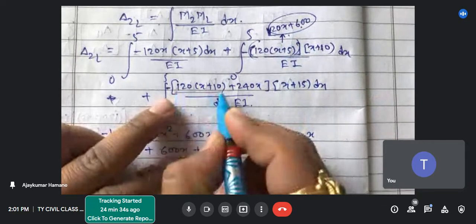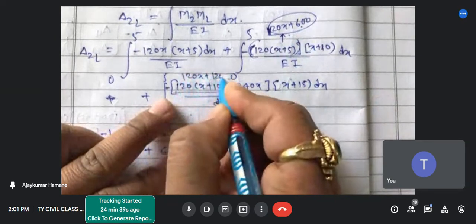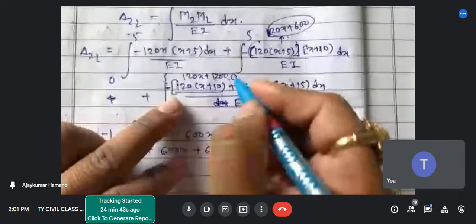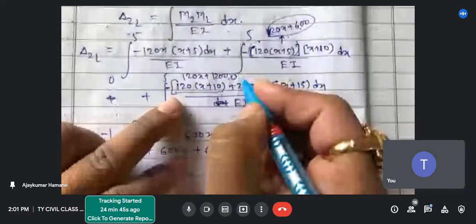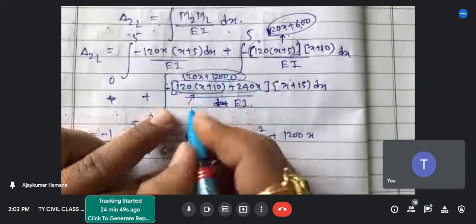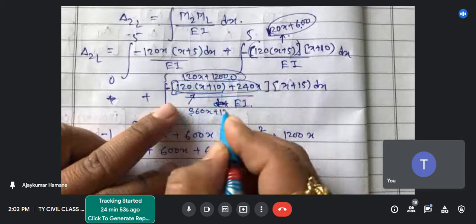Now this term will be 120x plus 1200, correct? 1200 plus 240x. So this term becomes 360x plus 1200.